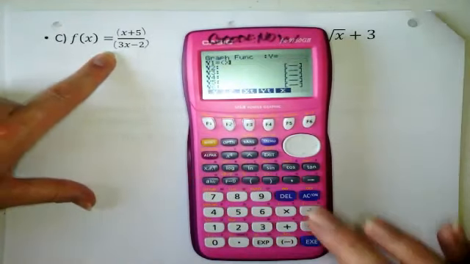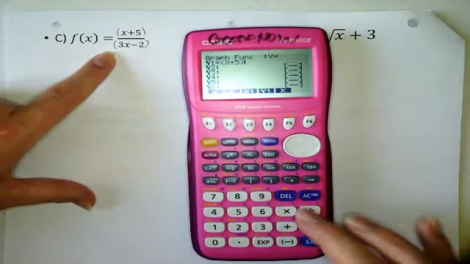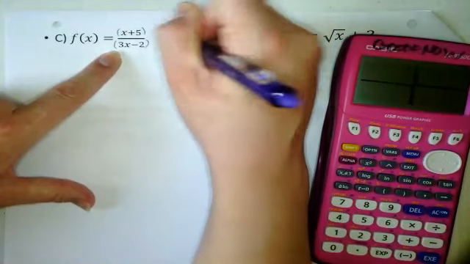So we're going to do x plus 5 divided by 3x minus 2, and we can graph that. And again, there's no vertical line here. That's an asymptote, but we have these little L shapes.